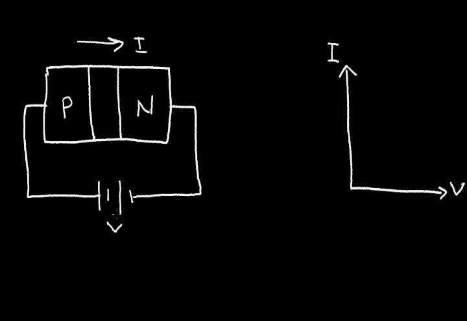Now, if I start at 0 volts for the battery voltage, I'll be operating at a point here on the current versus voltage curve.